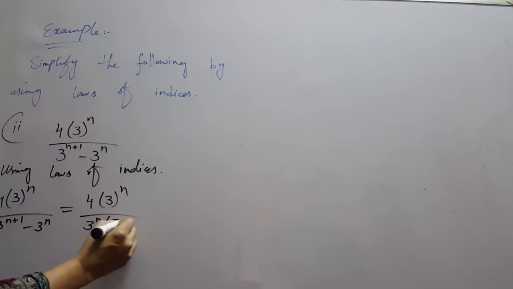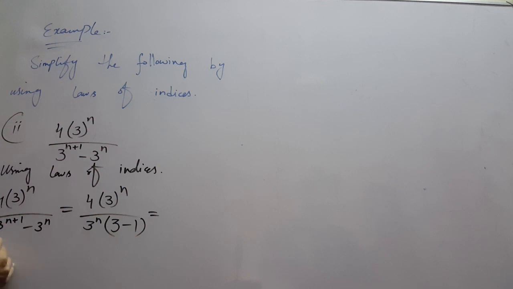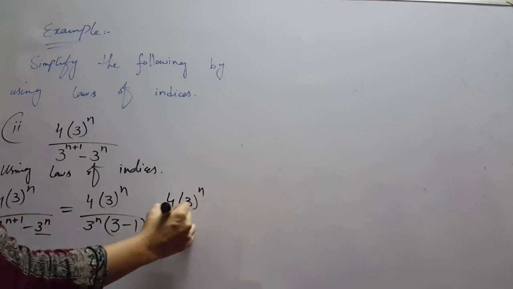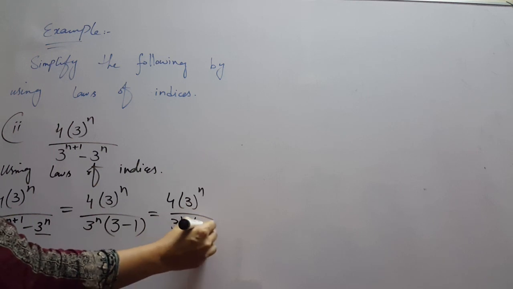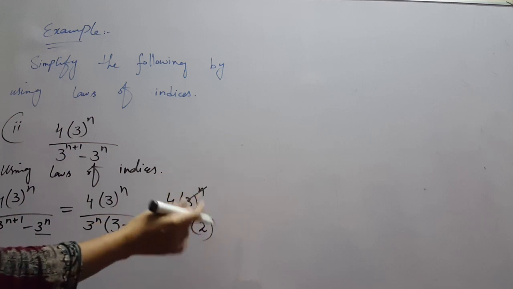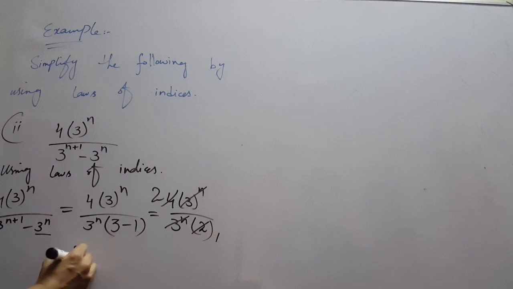Here 3 minus 1, because 3 raised to n plus 1 means 3 raised to n multiplied by 3. When we take 3 raised to n common, the remaining is 3 here and 1 in the other part, so we write 3 minus 1. It becomes 4 into 3 raised to power n over 3 raised to power n into 2. The 3 raised to power n terms will be cancelled. Here 2 ones are 2 and 2 twos are 4, so it will be equal to 2.